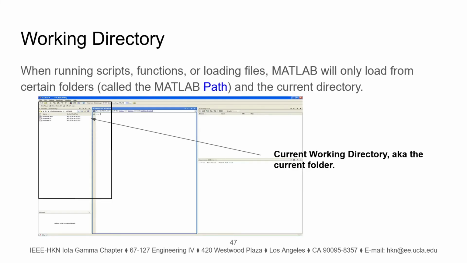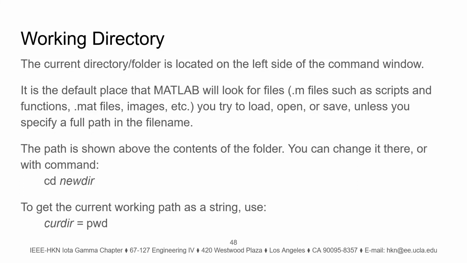When running scripts, functions, or loading files, MATLAB will only load from certain folders called the MATLAB path and the current directory. You can see this in the interface. The current working directory is the current folder that you're in. You can see all the files within that current directory. The current directory or folder is located on the left side of the command window.